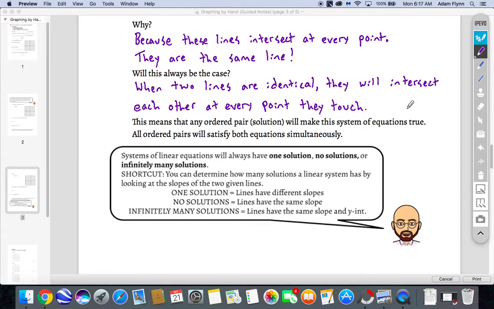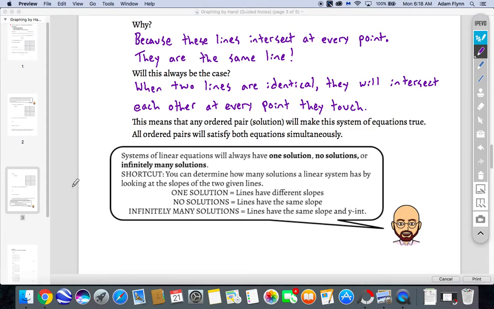So looking at the above example, the infinitely many solutions means that regardless of what ordered pair we plug into both of the equations, it will make both of those equations true because they are the same equation. So all ordered pairs will satisfy both equations simultaneously.